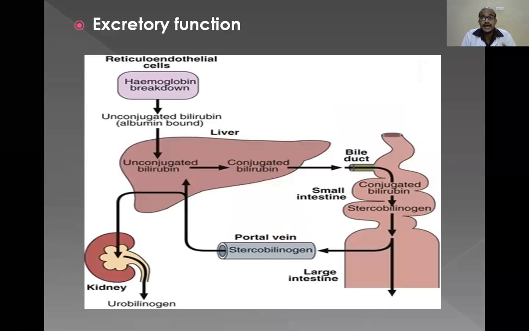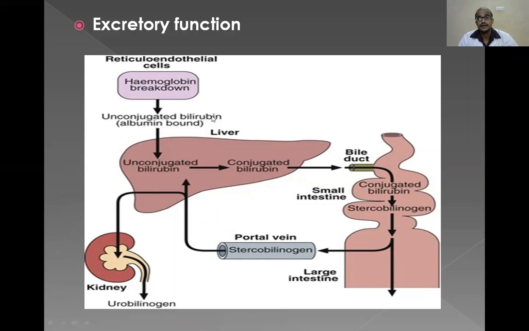And the next is excretory function. We had seen in detail about this excretory function in the previous sessions. It will excrete the bilirubin in the form of stercobilin and urobilin, stercobilinogen and urobilinogen. And where do we get the conjugated bilirubin? We get it from the unconjugated bilirubin, which is conjugated in the liver, and this unconjugated bilirubin comes from the hemolysis of the blood cells.